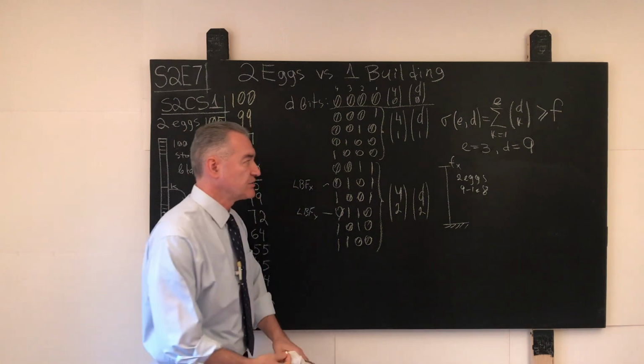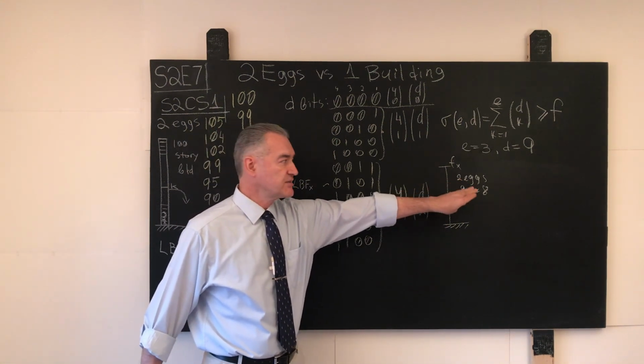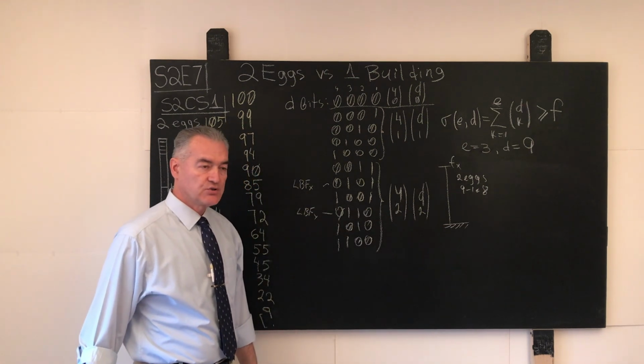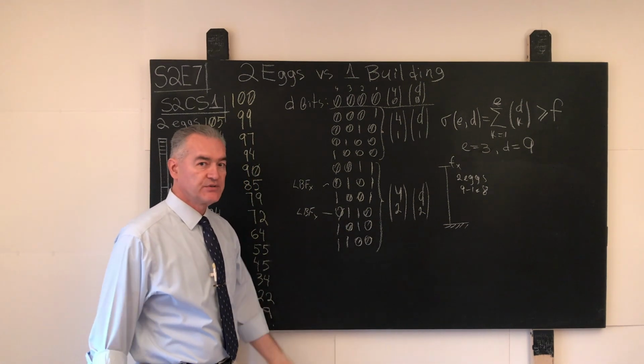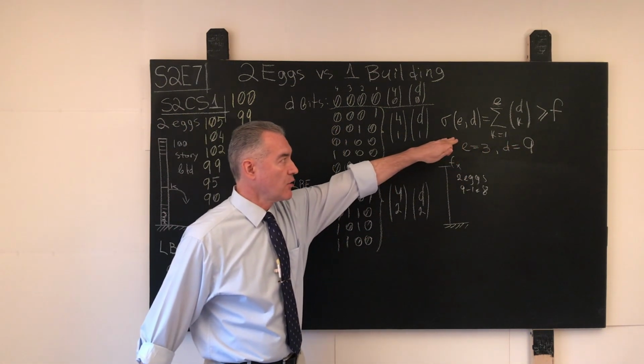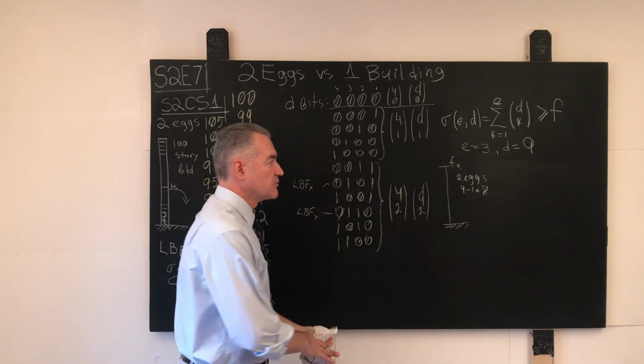So the question is, with 2 eggs and 8 drops, how many stories can we test, or what's the tallest building that we can test? Well, this is where our wonderful formula comes in.